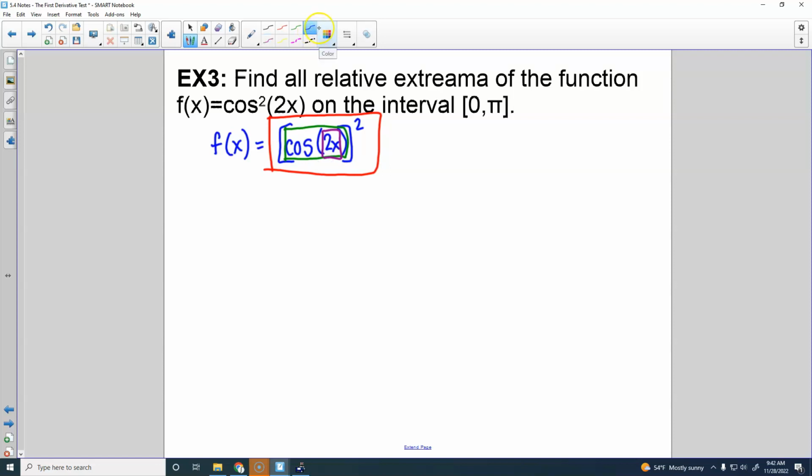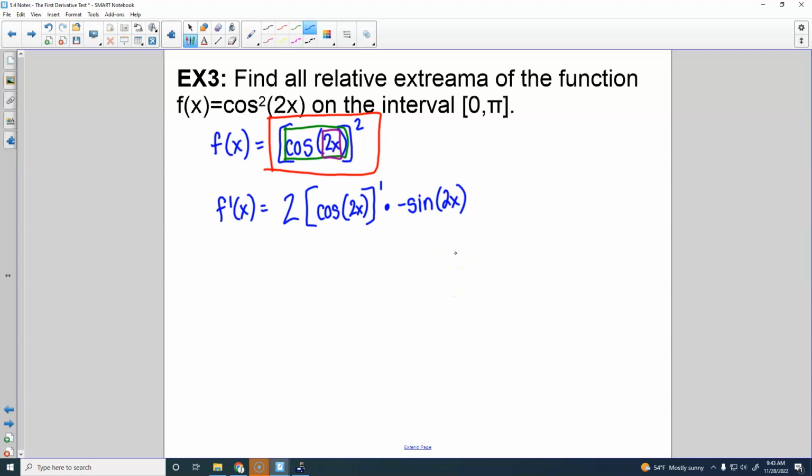So to take this derivative, we're dealing with the 2 first, right? So it's going to be 2. We're going to leave this stuff alone, cosine of 2x, that doesn't change, to the first power. Then we have to take the derivative of the green box. What's that going to be? Derivative of cosine is negative sine. Make sure you put a multiplication here so it doesn't look like you're subtracting sine. So times sine of 2x.